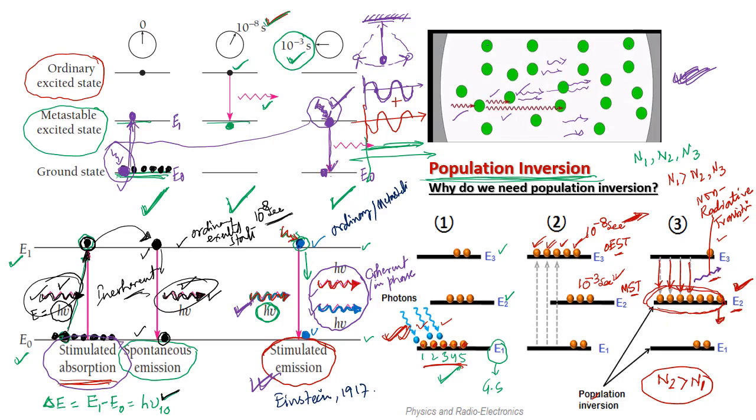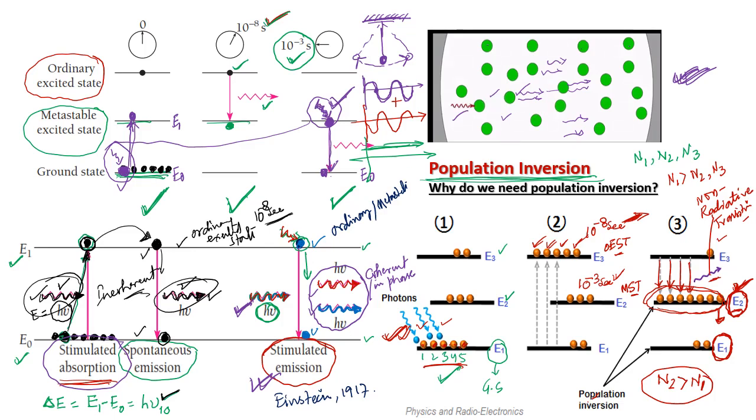So we have more atoms in the metastable state as compared to the ground state. More than half of the atoms have to be in the metastable state, and this condition is known as the population inversion. I think you now understand what population inversion is.